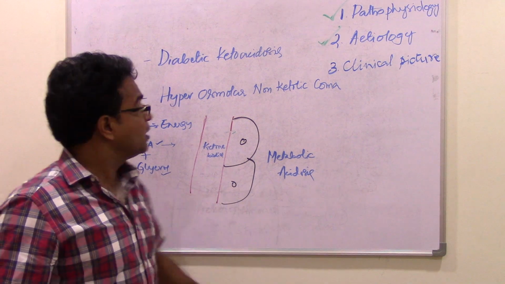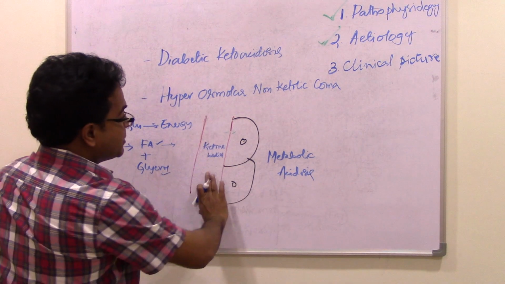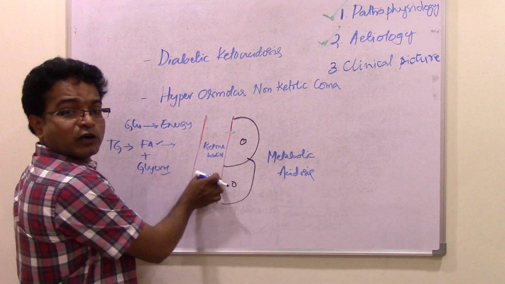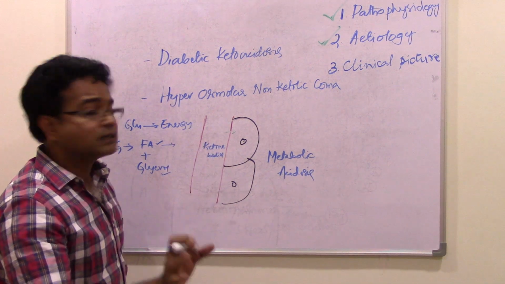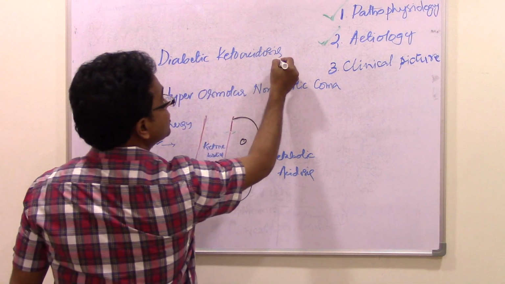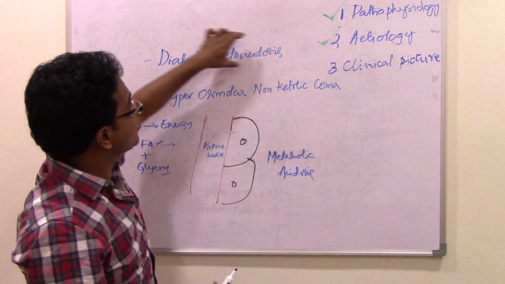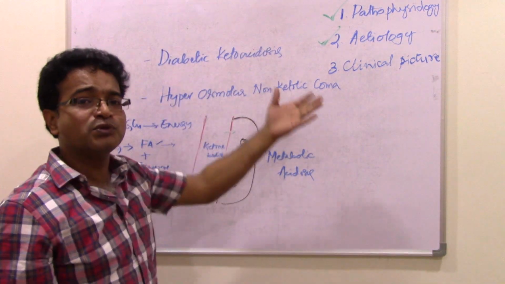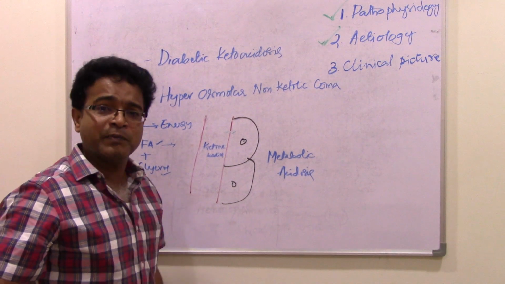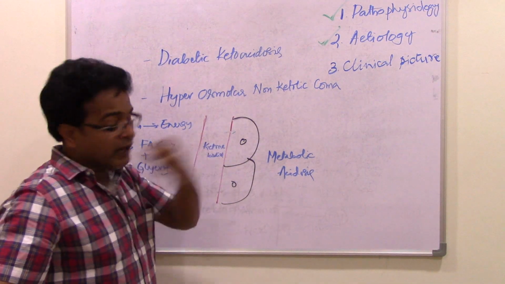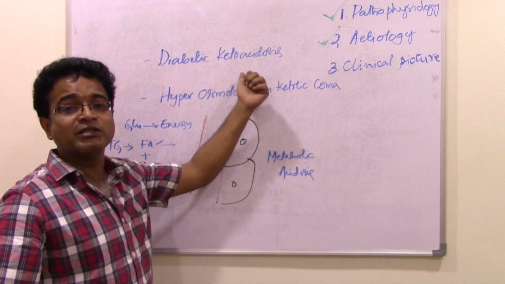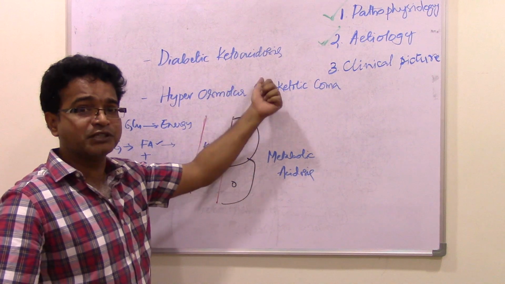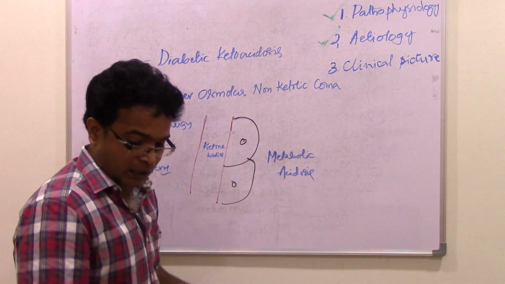The only thing is, the blood is becoming acidic because of the production of ketone bodies. So this leads to diabetic ketoacidosis, acidosis because of ketone bodies. This is one clinical presentation, usually managed in IV patients, and we have limited scope through nutrition to manage it, because it is an emergency.